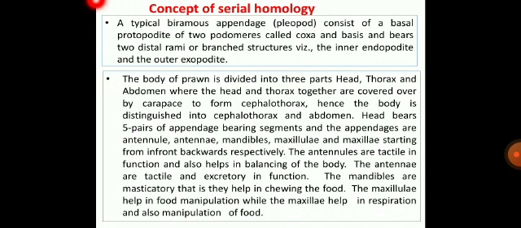As you all know, a typical biramous appendage, for example a pleopod, consists of a basal protopodite of two podomeres called coxa and basis, and bears two distal rami or branch structures called the inner endopodite and the outer exopodite.